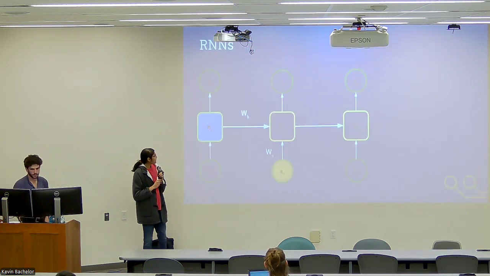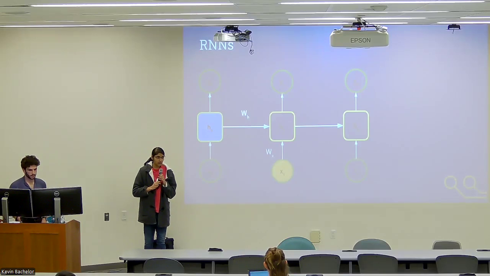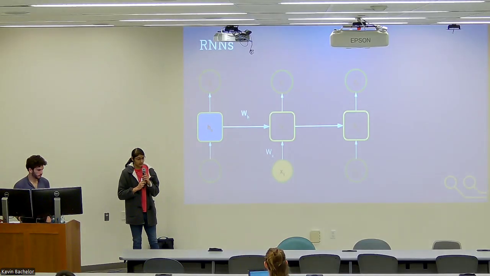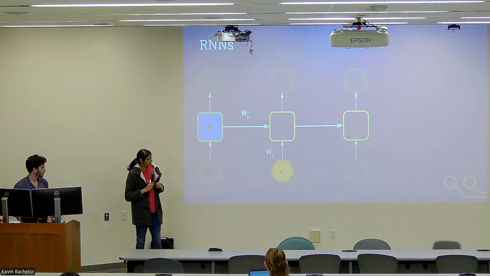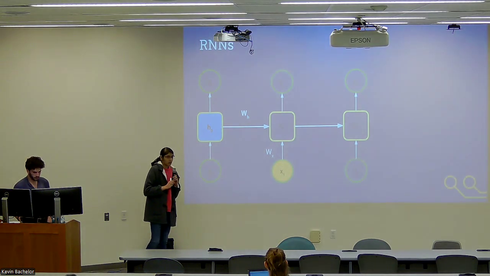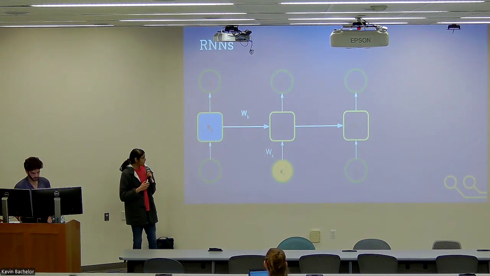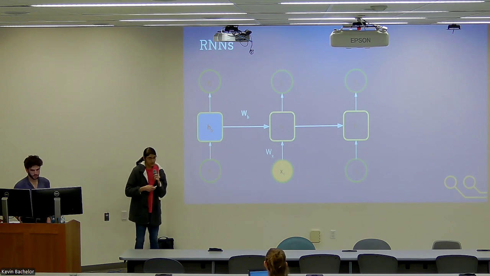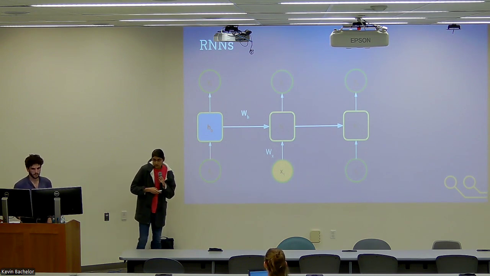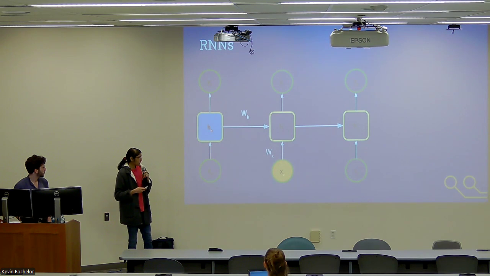So just a quick recap on what we covered last week. Last week we covered RNNs. I won't go into so much detail about how those work, I'll just give a brief overview so this lesson will be a bit easier to understand. To get the output, we rely on these hidden states.